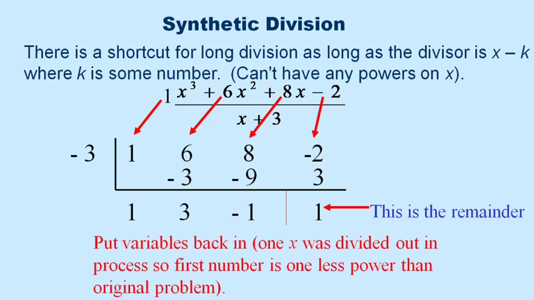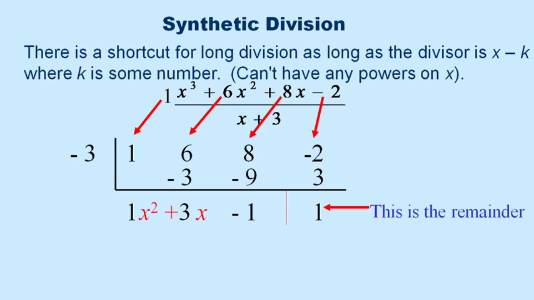So put the variable back as x. Since we have three terms, we can start giving power from 2. If there are three terms, we will consider 2. If there are four terms, we will consider 3. So this can be written as 1x square plus 3x minus 1. This is our quotient.